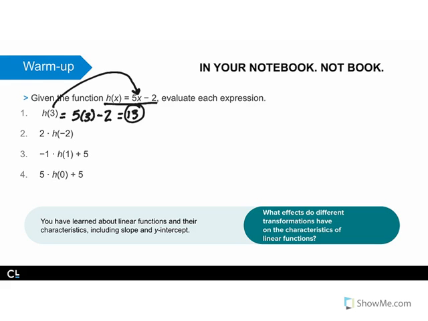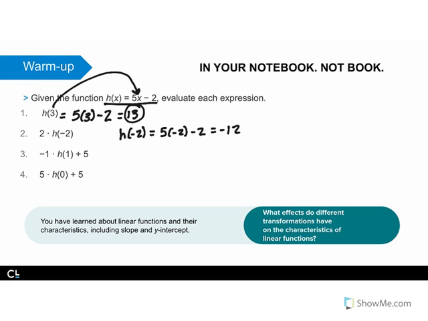The rest of these, remember, you're just looking at that h of part and ignoring the rest from the beginning. So we're going to find h of negative 2. We have 5 times negative 2 minus 2, which is negative 10 minus 2, which is negative 12.